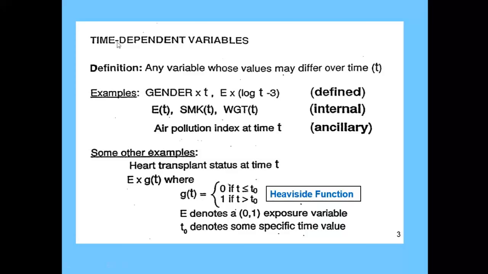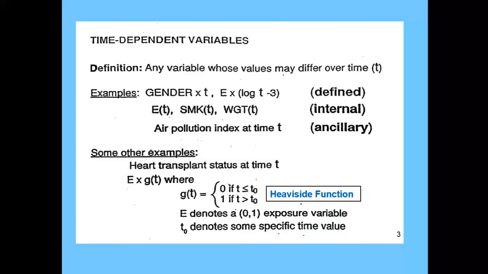And then there's a third kind of variable. In a way, it's not that important to make the distinction between the last two, internal and ancillary, but air pollution index at time t. In other words, you might be worried about to what extent what somebody's exposed to outside affects whether they can breathe well, their FEV, their lung capacity, something like that. When you try to measure that variable for any individual, what happens one day changes from the next day.